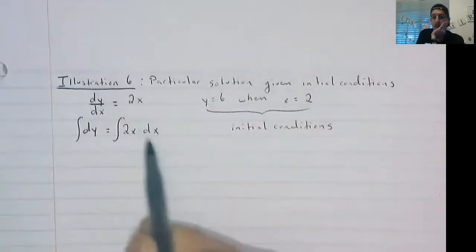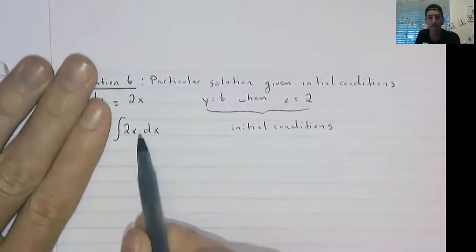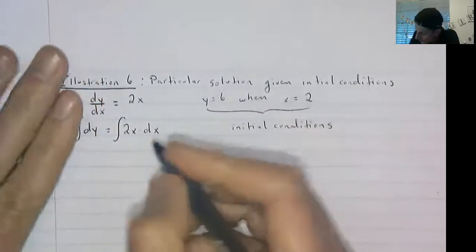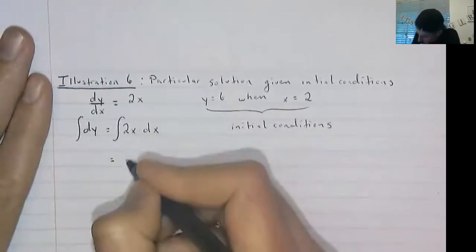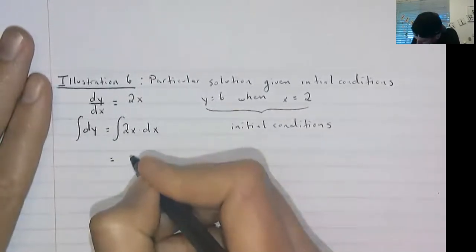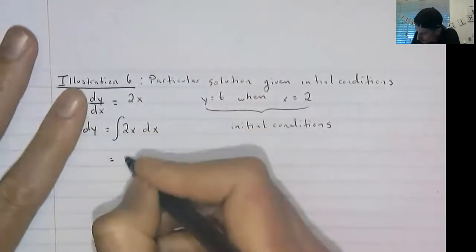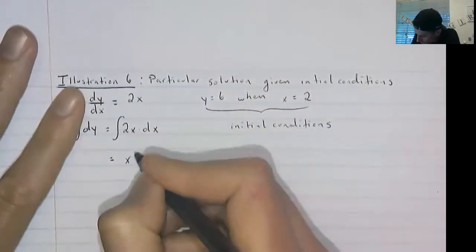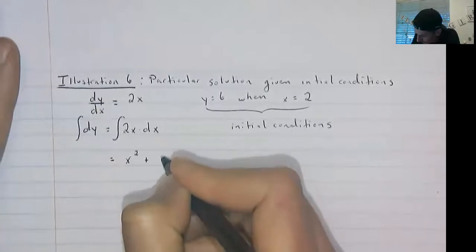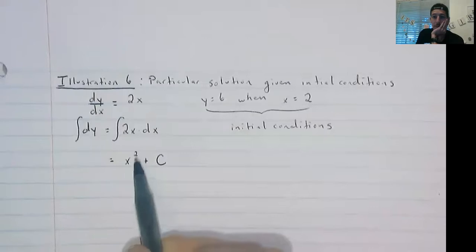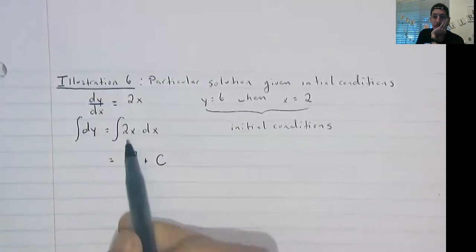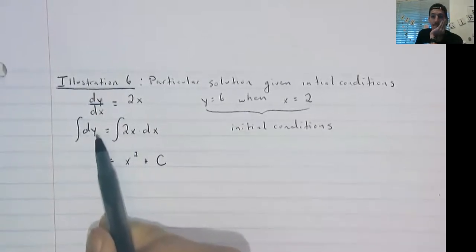This side looks familiar. This is like what we've been doing. The antiderivative of 2x is going to be x squared plus c. Just a quick check in our brain: we differentiate, it becomes 2x. Let's consider the left side.